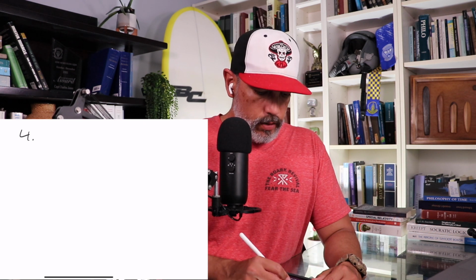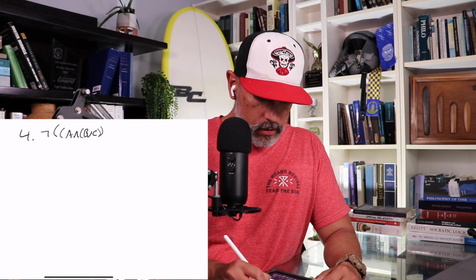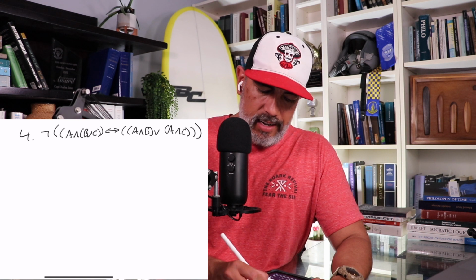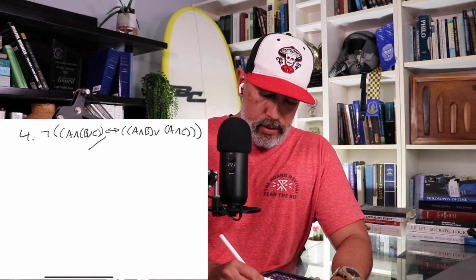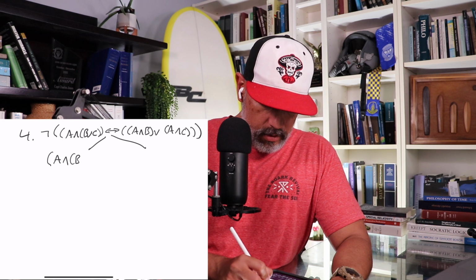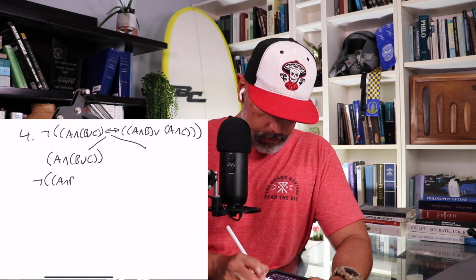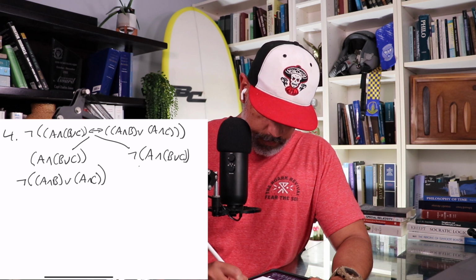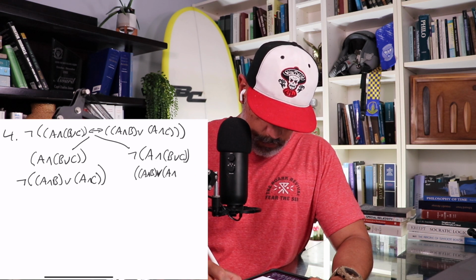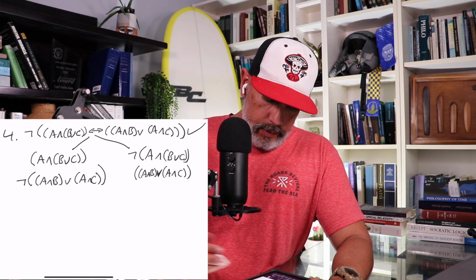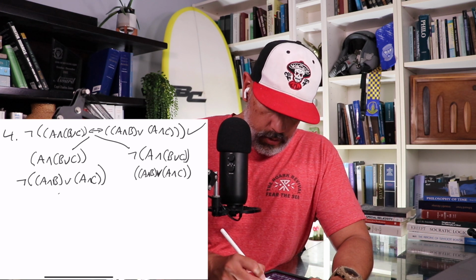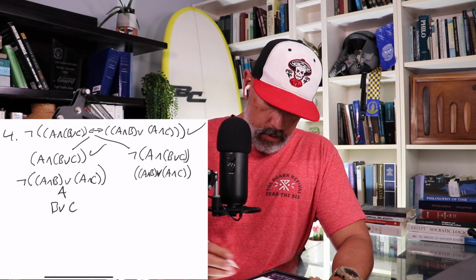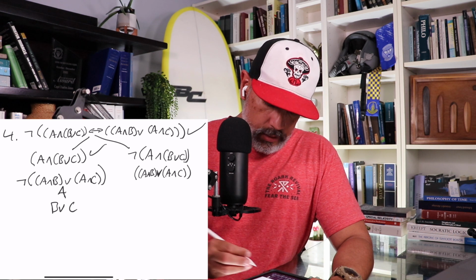Number 4. First, we have the negation of a biconditional. Okay, then we have that first conjunction, A, B, or C. And then let's do the negation of a disjunction.